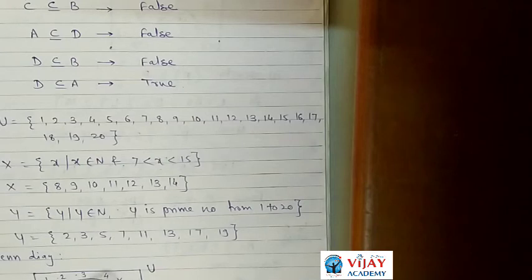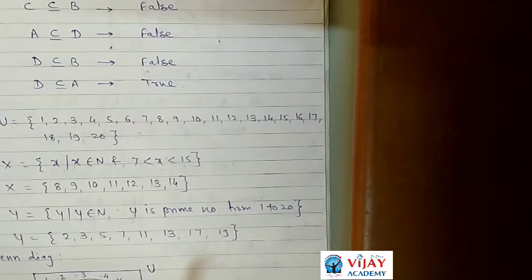We write all the elements 8, 9, 10, 11, 12, 13, 14, and the remaining elements are 1, 2, 3, 4 and so on, except 8 to 14. So this is a simple representation of a Venn diagram. Now you will try for the other set Y.